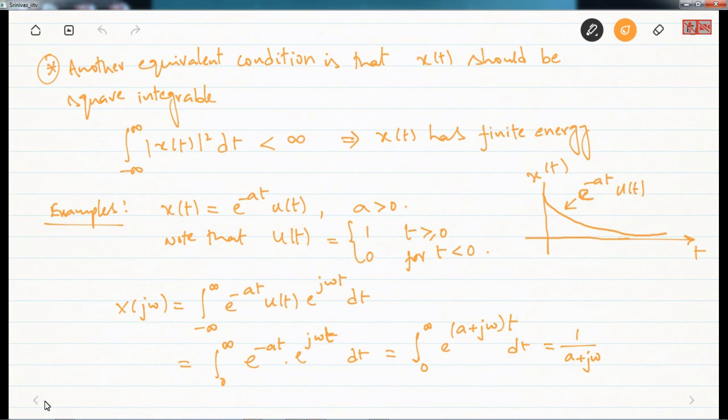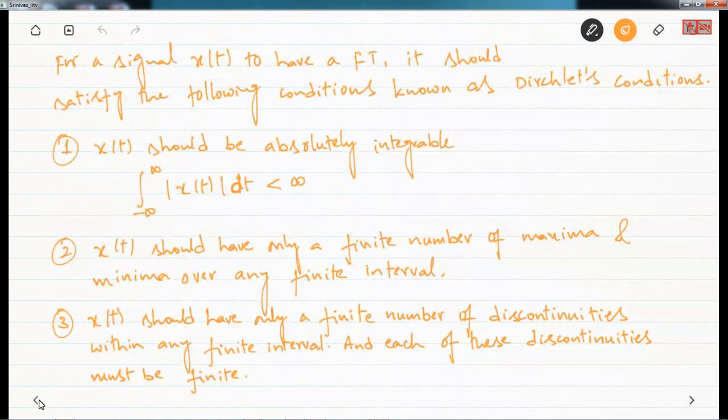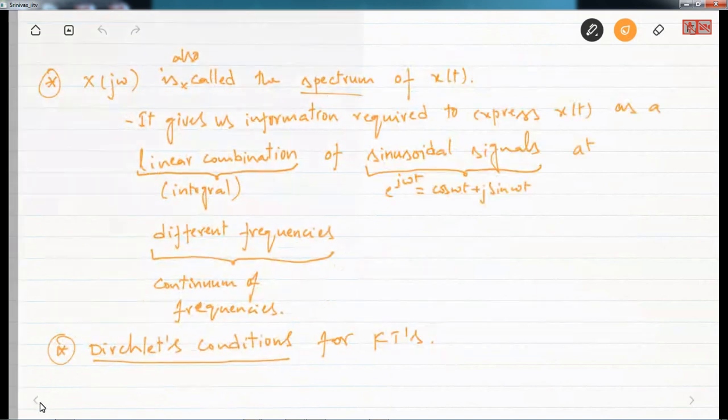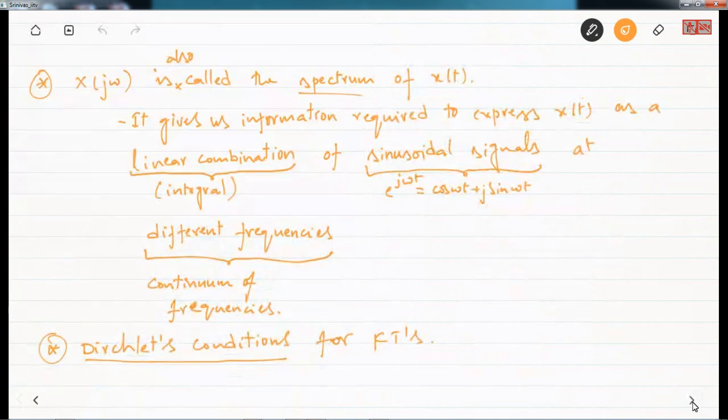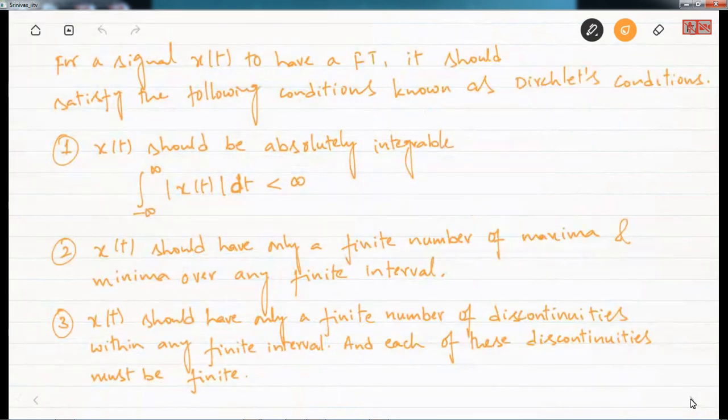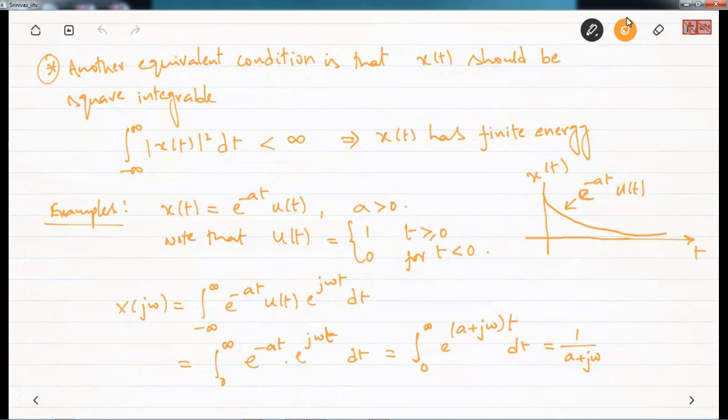Wait a second. The equation should be e power minus j omega t. Yeah, so I'm very sorry for the mistake. So x of j omega is integral minus infinity to plus infinity x of t into e power minus j omega t dt.